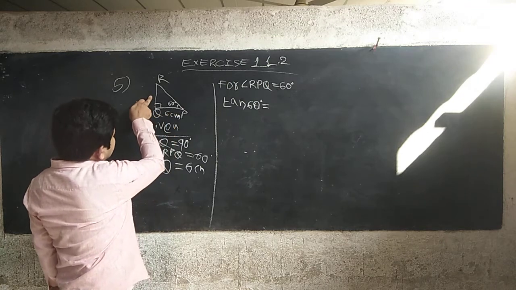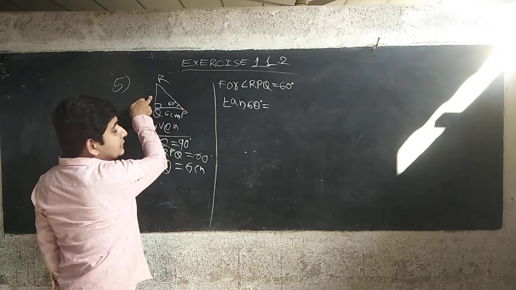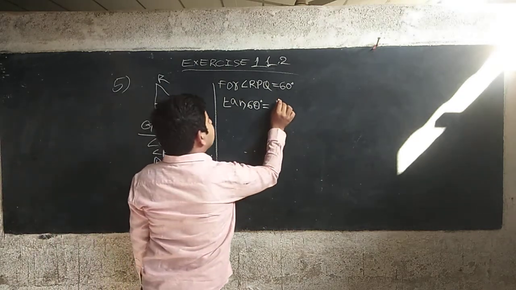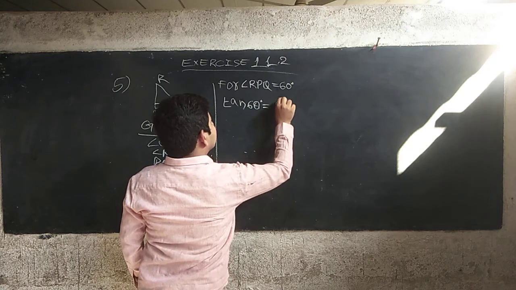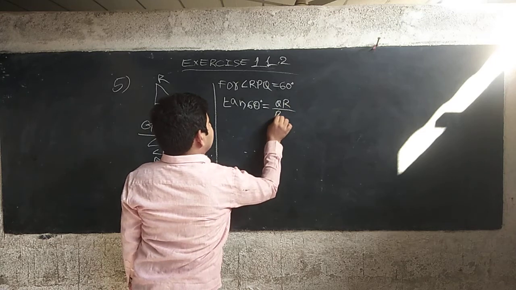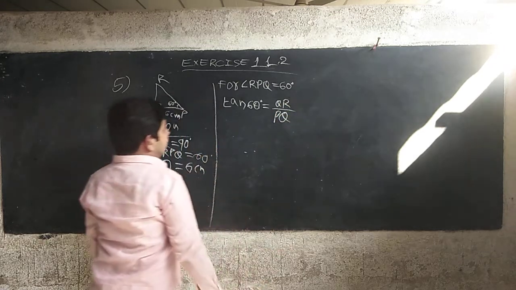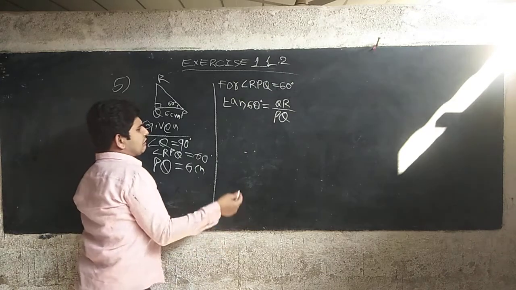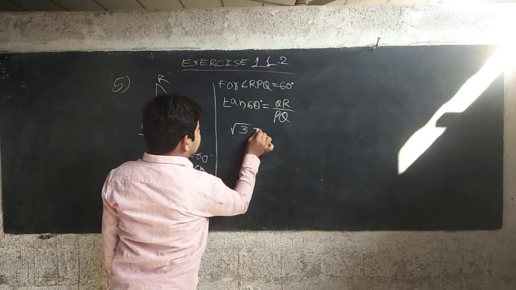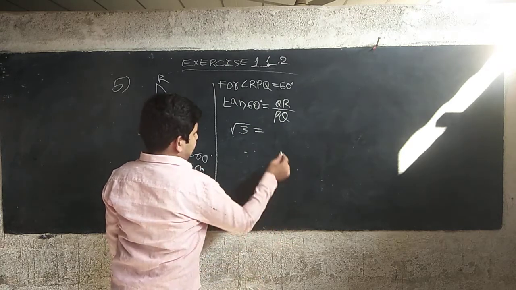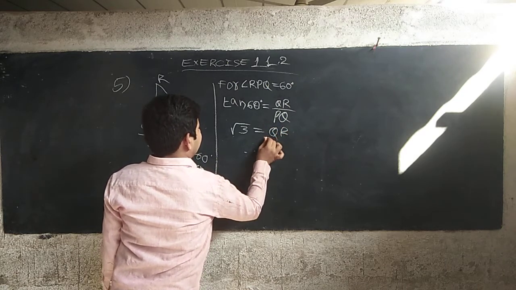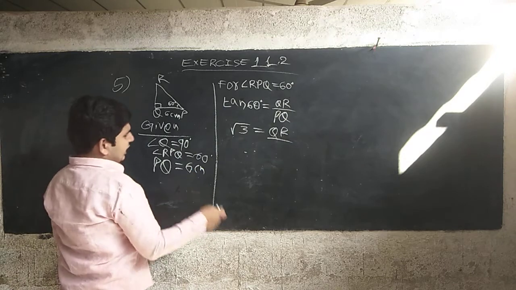So opposite is equal to QR by PQ, so that is nothing but tan 60 degrees equal to root 3, equal to QR, we don't know, so QR by PQ, PQ equal to 6 centimeters, so 6.